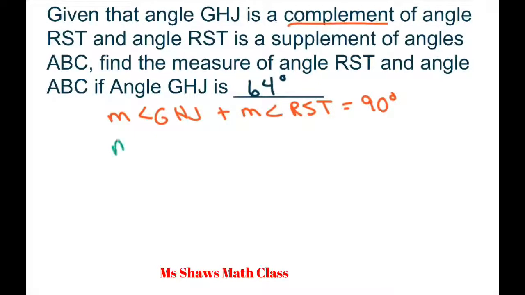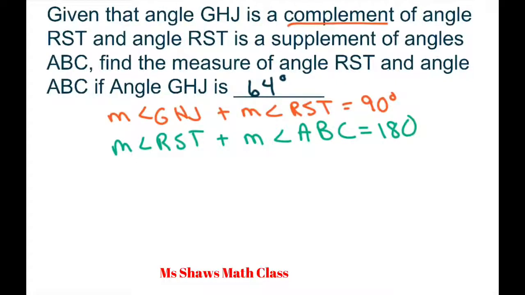And the measure of angle RST plus the measure of ABC equals 180 degrees. And then we have this information, and we're going to substitute by replacing measure of angle GHJ with 64 degrees.